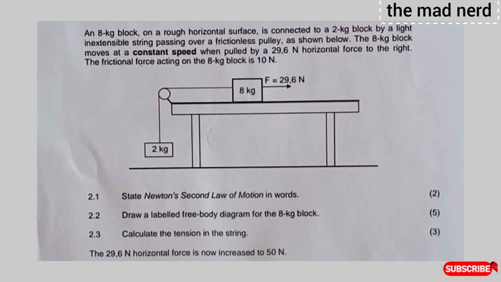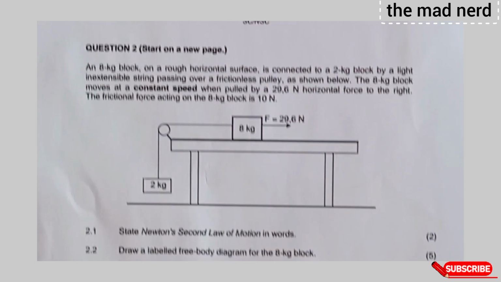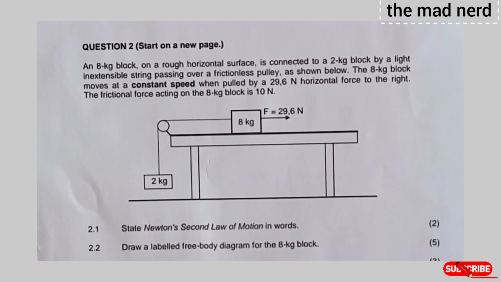As you know, we have the gravitational force, Fg, and we have the normal force when the object is placed on a surface. And if the object is moving over a rough horizontal surface, it experiences a frictional force.